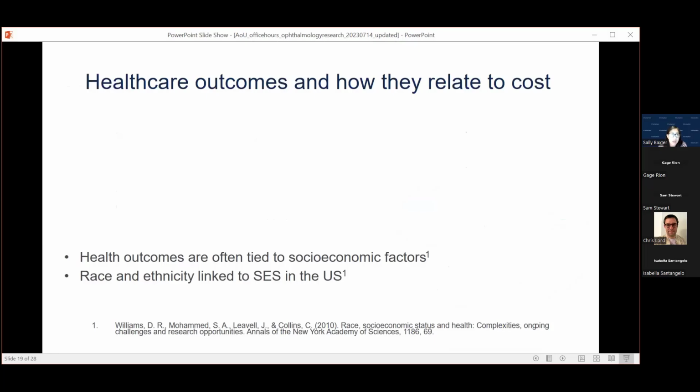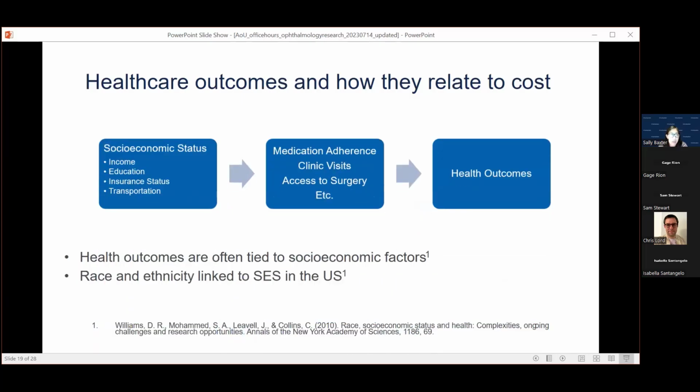A lot of healthcare outcomes are related to socioeconomic factors, and unfortunately, in the U.S. there is a lot of variation in how much care costs and also how much healthcare coverage people have. And of course, there are studies that have linked socioeconomic status to race and ethnicity. And so you have these various factors: income, education, insurance status, financial ability to afford transportation to care.